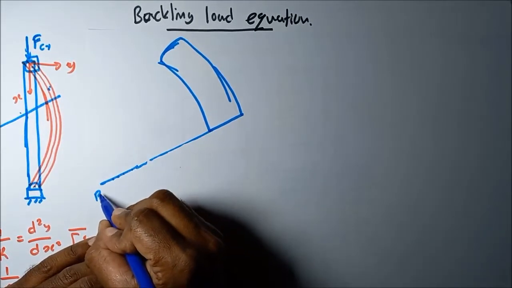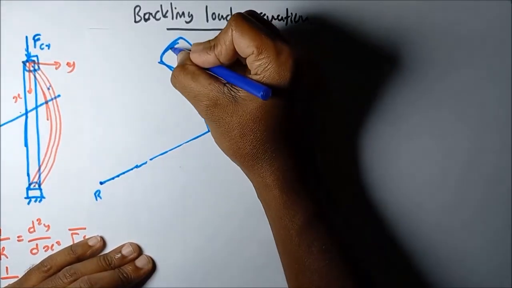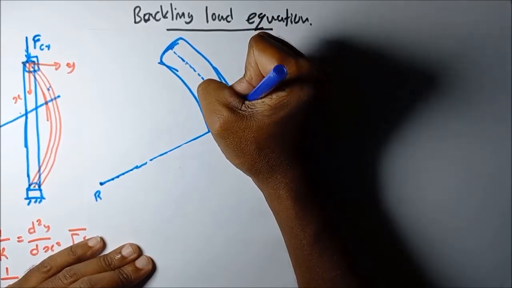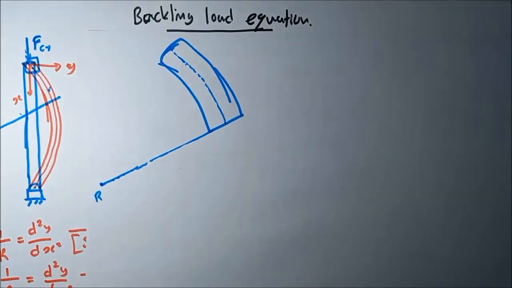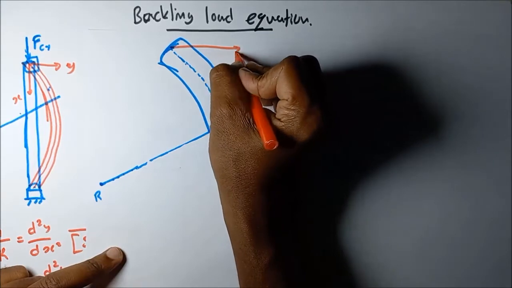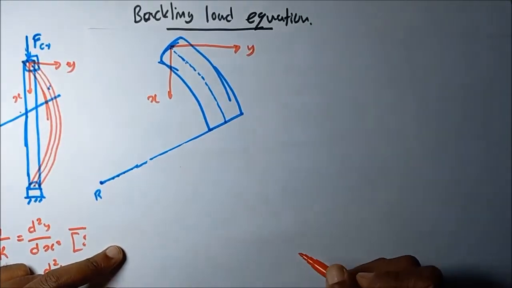Then let's take the center. Then this is the neutral layer. You already know what is meant by the neutral layer; we discussed it with bending stress. Let's assume this is the coordinate system, this is the y, this is the x.